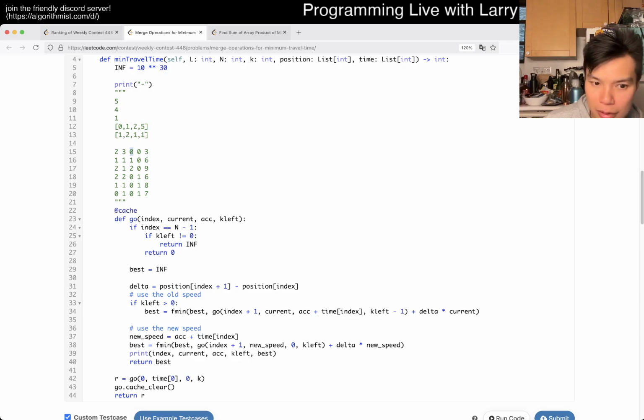Accumulation. But then how did you get 3 as the current speed? So okay, so going from 1 to 2, I think my states are wrong with the new speed, with the accumulation. Okay, so going from 1 to 2, you skipped it, so then now you put the current speed at 3 at the next time.